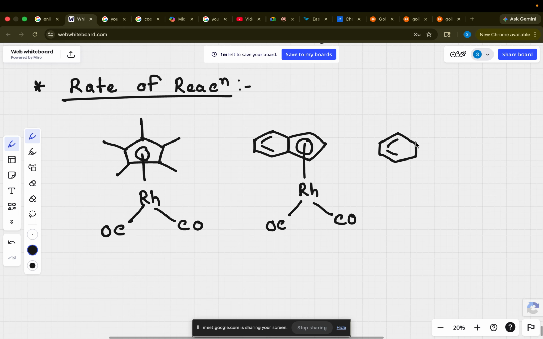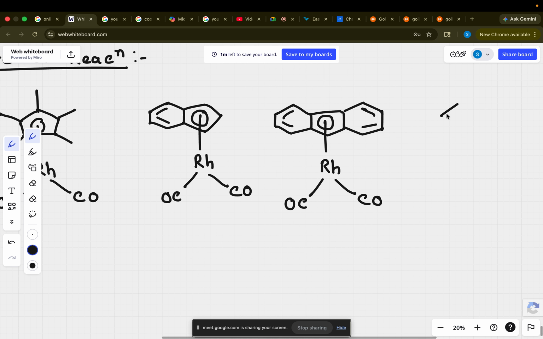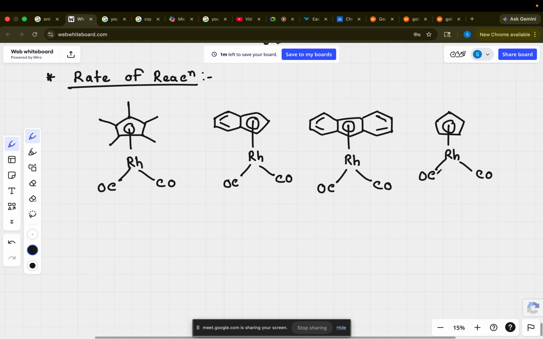This ring you have, then a 5-membered ring here, and it is attaching to your rhodium center, and you have 2 carbonyls. And next you have this. So these are the 4 compounds you have.